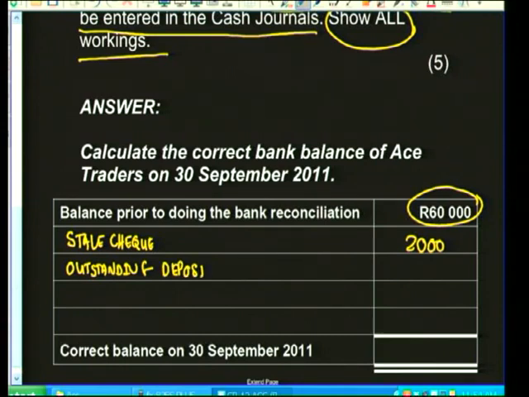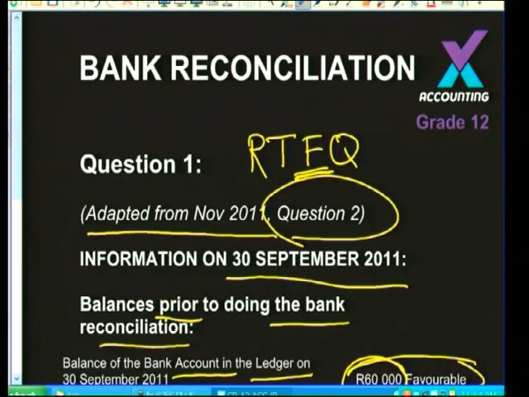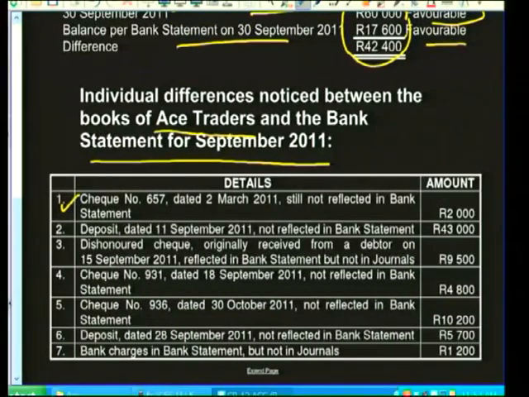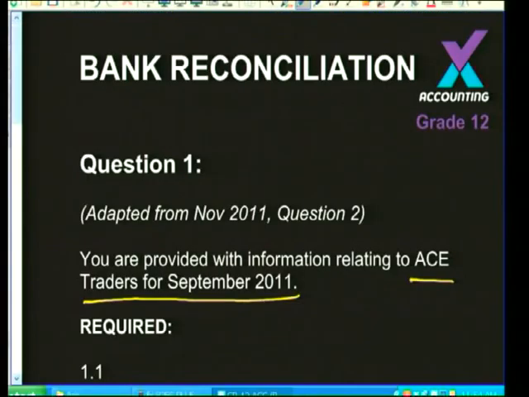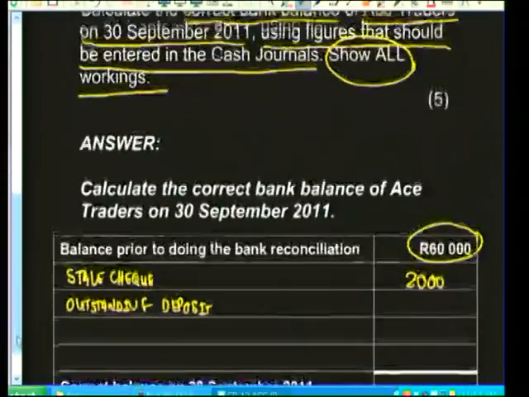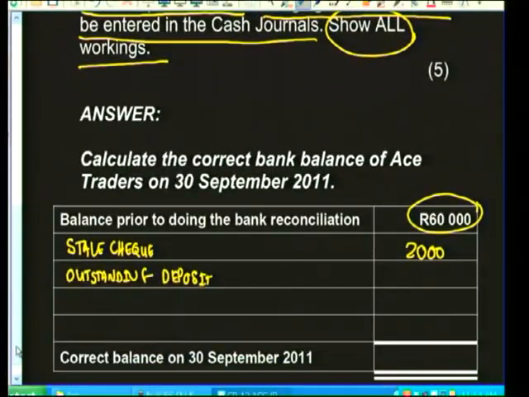There's my outstanding deposit, and the amount of my outstanding deposit was 43,000 Rand. Okay, now, the question that you need to ask yourself is, obviously, if the bank is not showing you this balance, you have recorded it. Understand that?